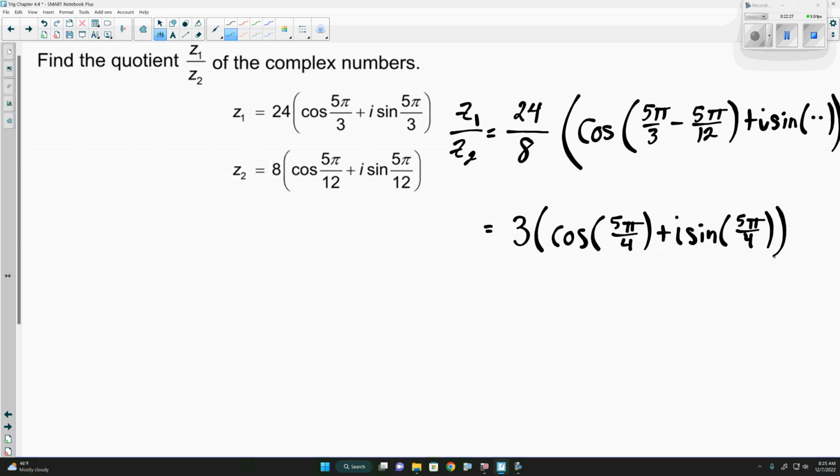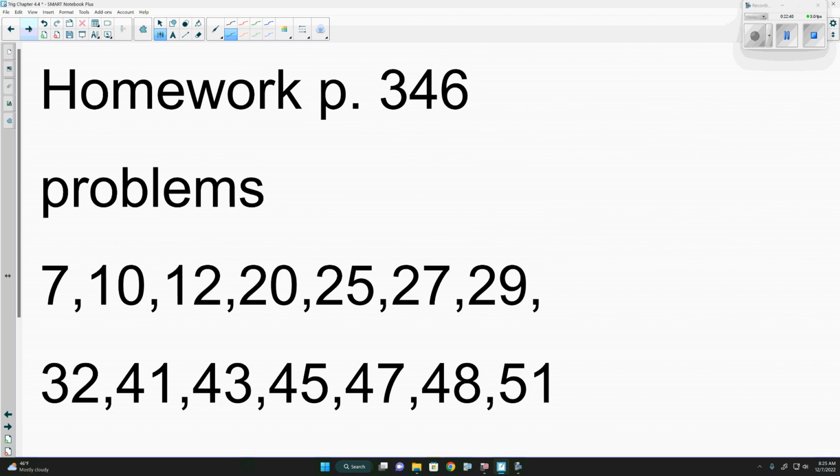And that's it. We feel pretty comfortable with product and quotient. I didn't add a whole bunch in there because I didn't think we would need a whole lot of these here. That's it.